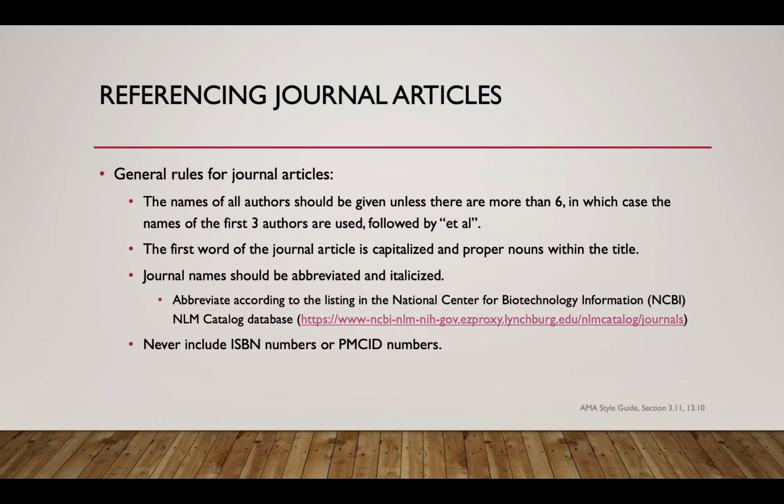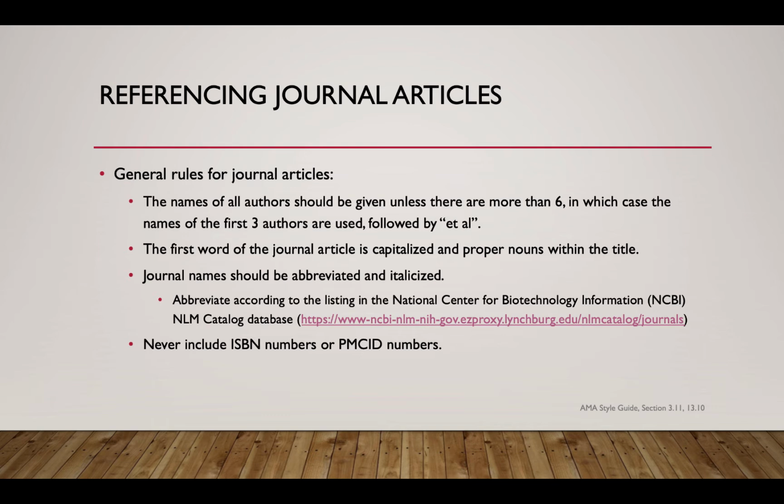The next topic we're going to cover is referencing journal articles. The general rules for journal articles are the names of the authors should be given unless there are more than 6, in which case the names of the first 3 authors are used followed by the word et al.